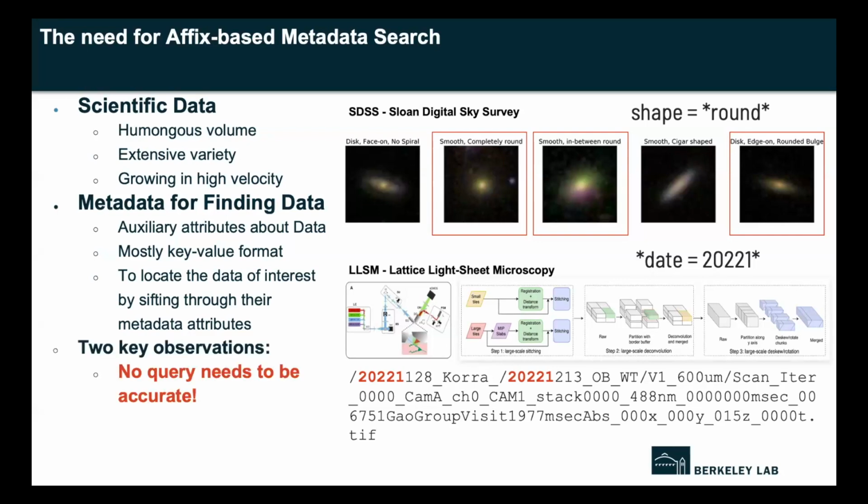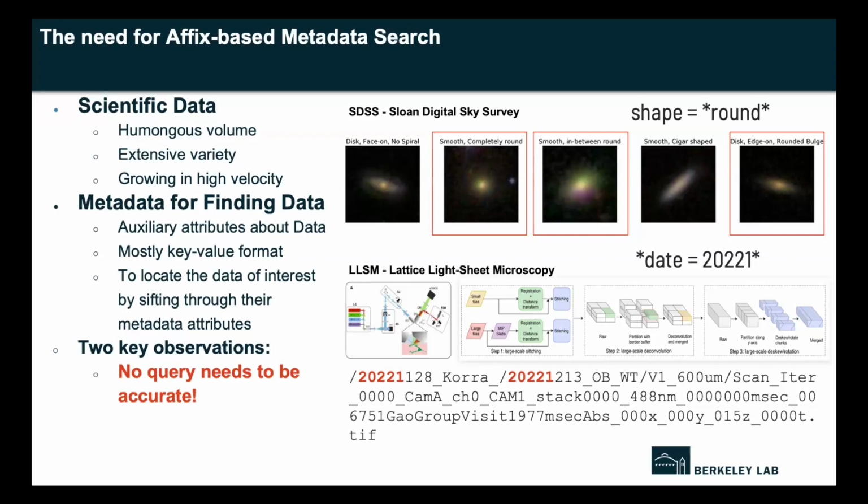Here are the two key observations that we have made from these scientific applications. The first one is that no query needs to be accurate. Take a look at this SDSS data set, where scientists possibly just want to find nebulas that are round shaped.